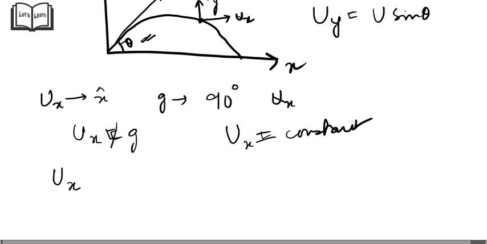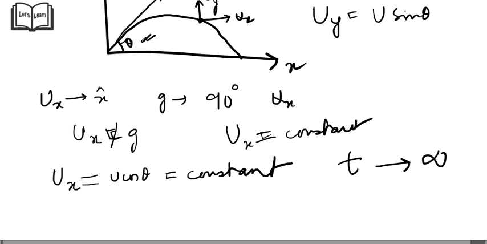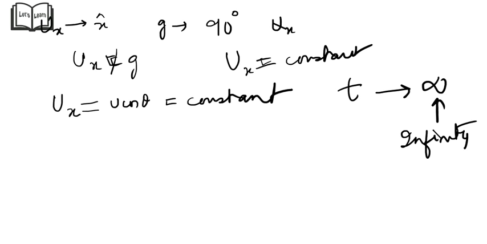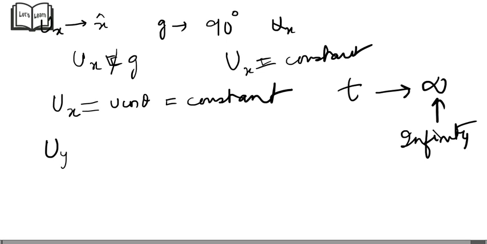So ux, which is equal to u cos theta, is constant, and it is constant for large t. That is, even if time tends to infinity, ux will be constant. Now uy is parallel to g. So uy will decrease with g.